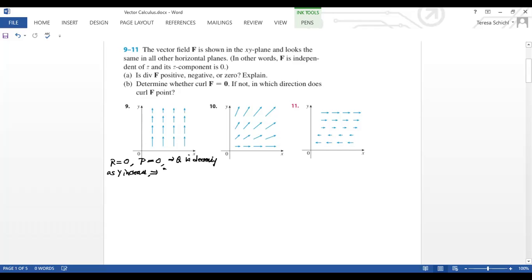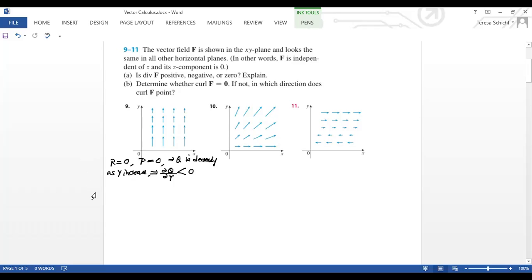That means the partial of Q with respect to y is going to be less than 0, because Q decreases while y increases here.